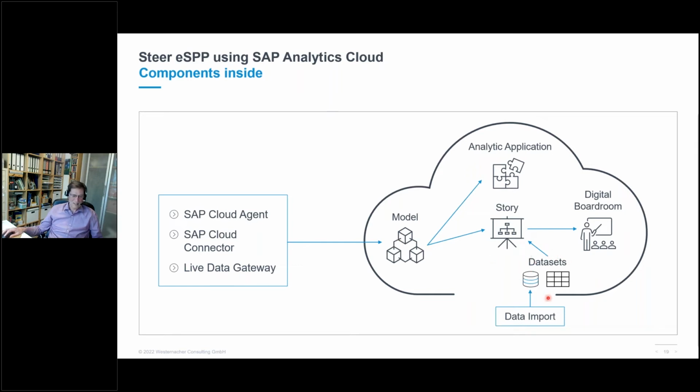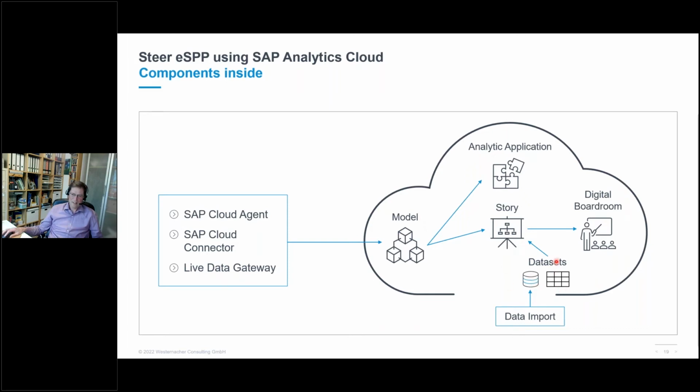A data set usually is a simple collection of data. It's either a table or multiple tables that you import via a file into the cloud. And that is easy to create and easy to visualize.